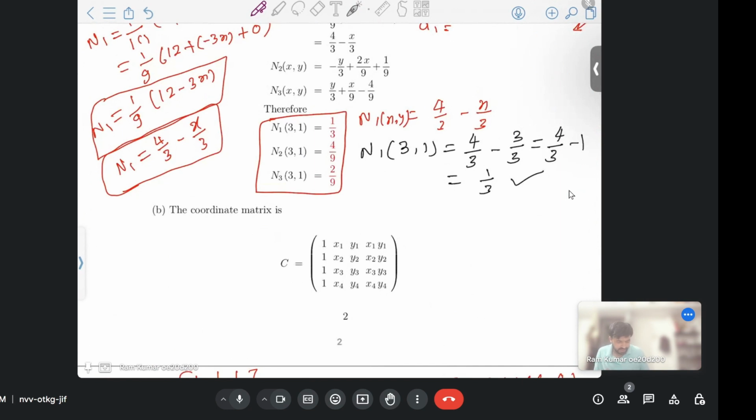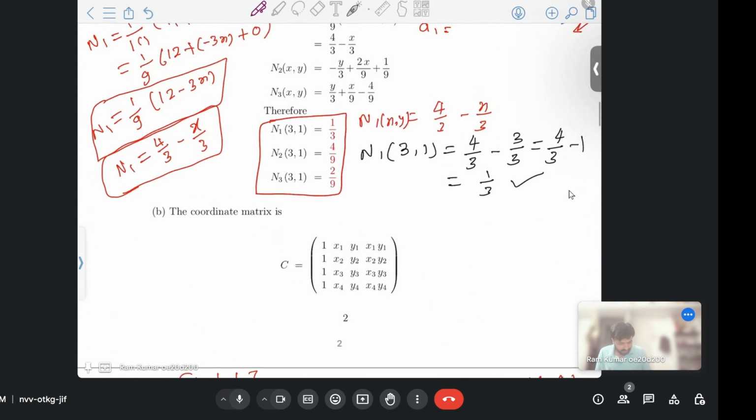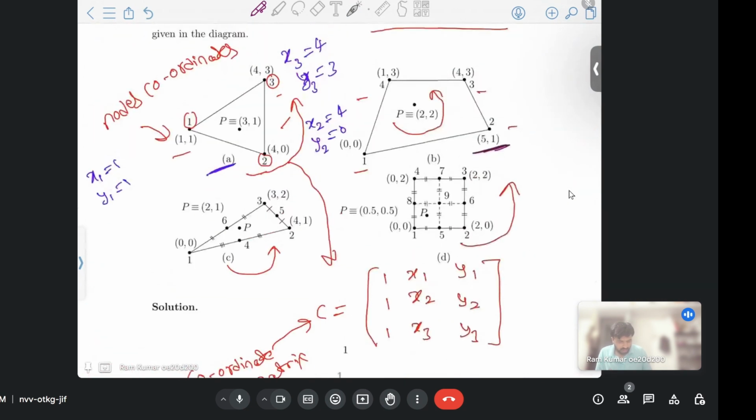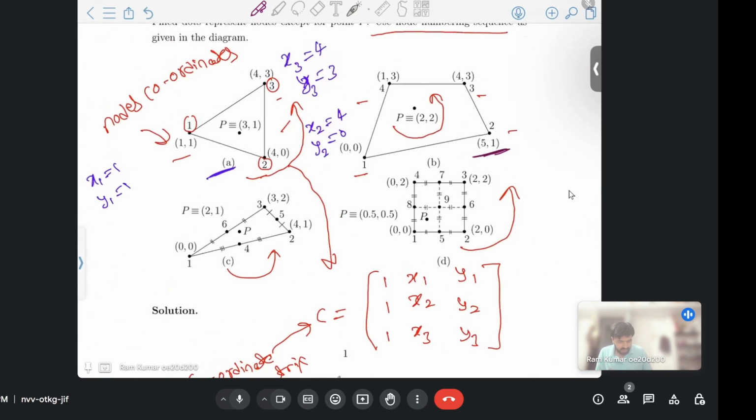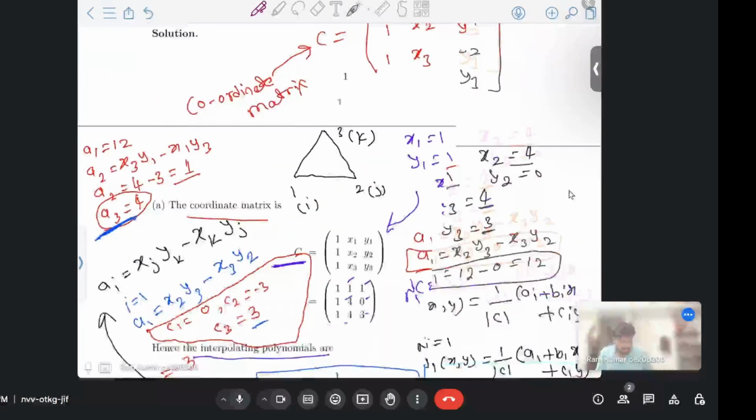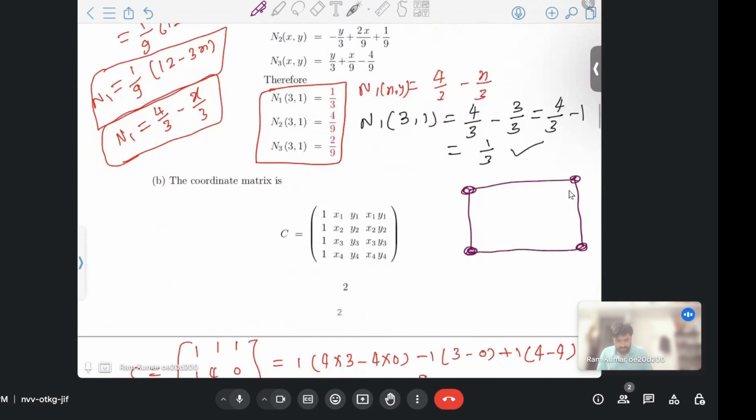This is our 4-node element, nodes 1, 2, 3, 4, with coordinates (0, 0), (5, 1), (4, 3), and (1, 3), the same as given in the problem. So I will draw it like this.